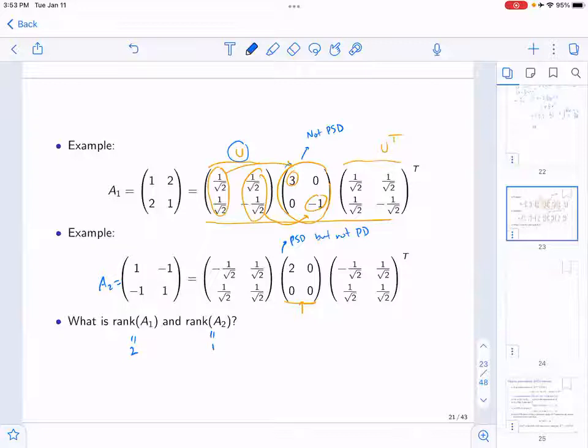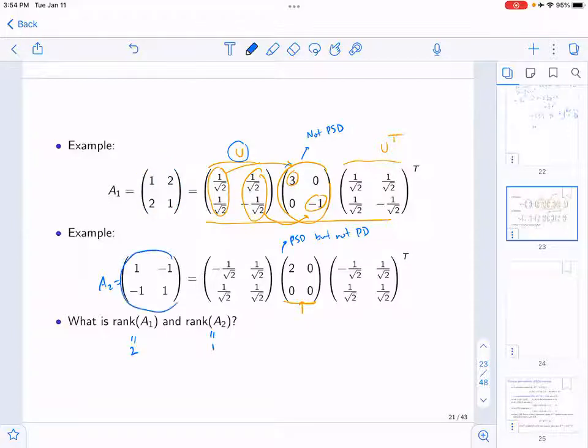And it's easy for a diagonal matrix to prove that the diagonal matrix is positive semi-definite if and only if all the diagonal elements are non-negative. In any case, once you have this, you can read off the rank, and also whether it's positive semi-definite or not. It's harder to see from this that this is positive semi-definite.